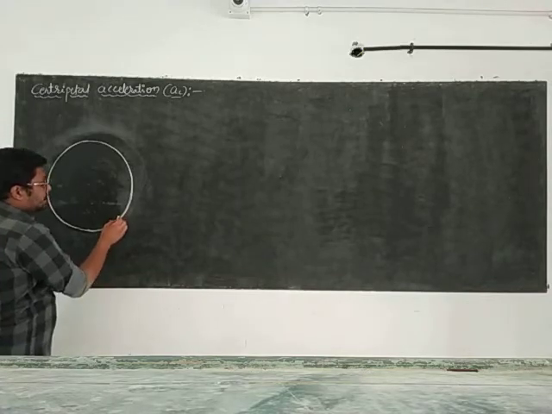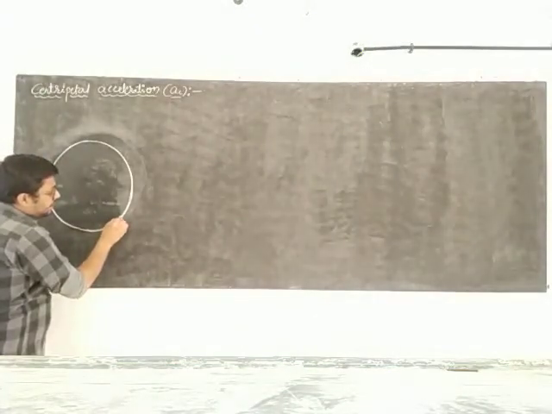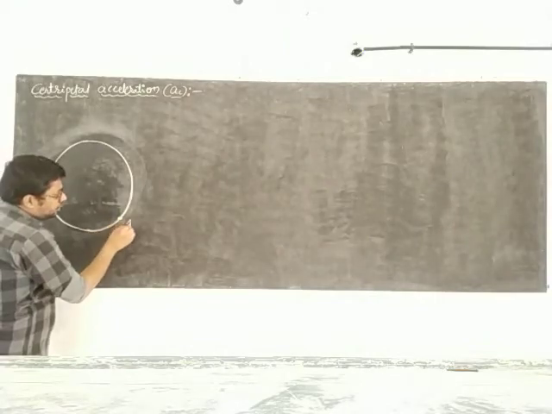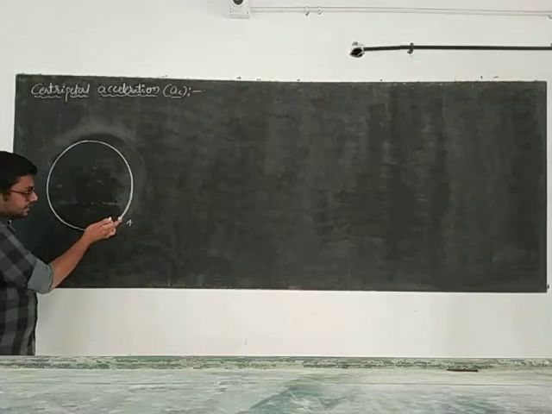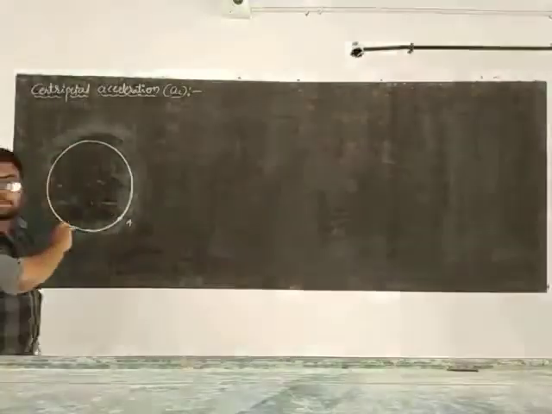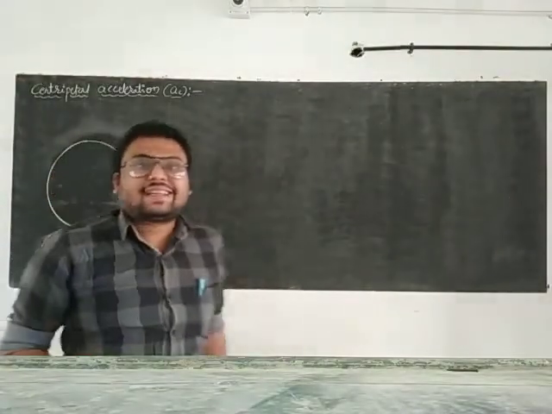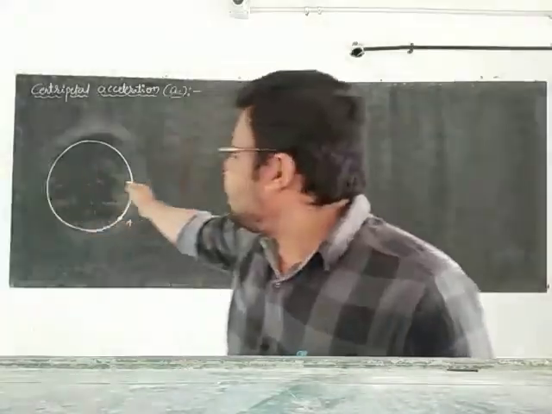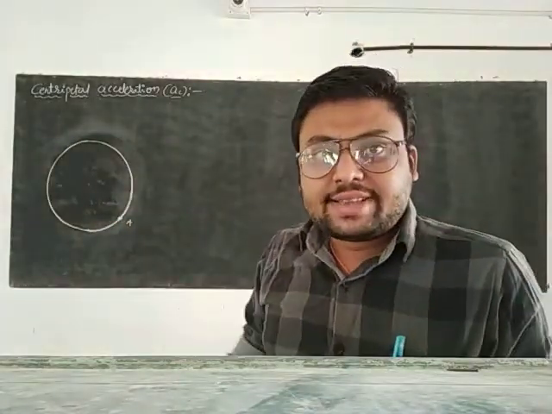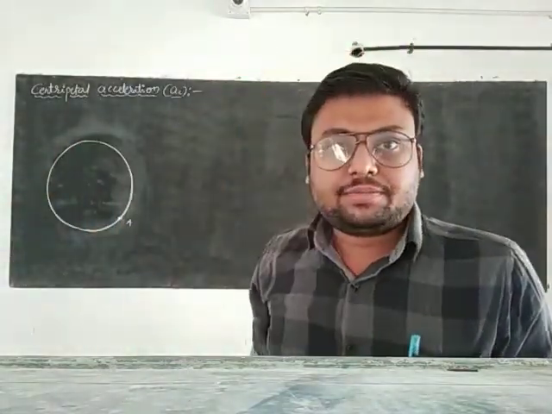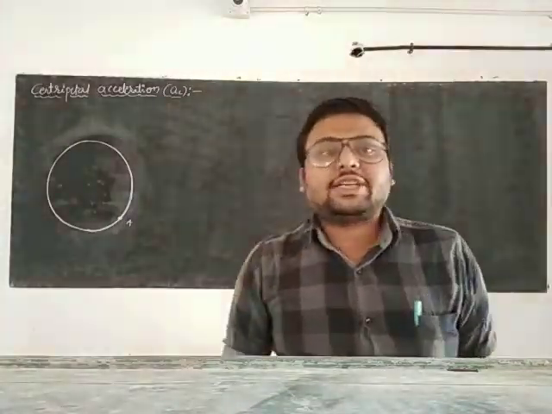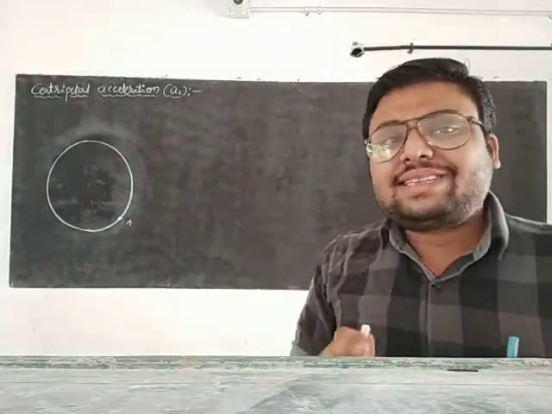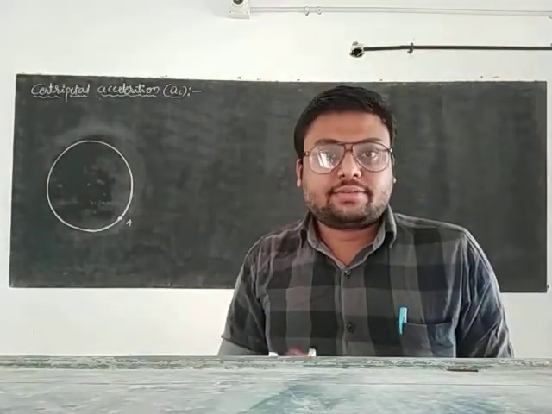Let me consider that the particle is at a position A. Then the particle moves along the circular path, and whatever acceleration is produced inside the particle is called centripetal acceleration. And one more thing, this centripetal acceleration is always acting along the radius vector.